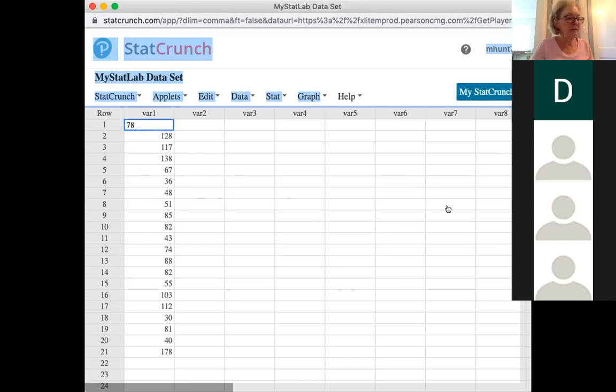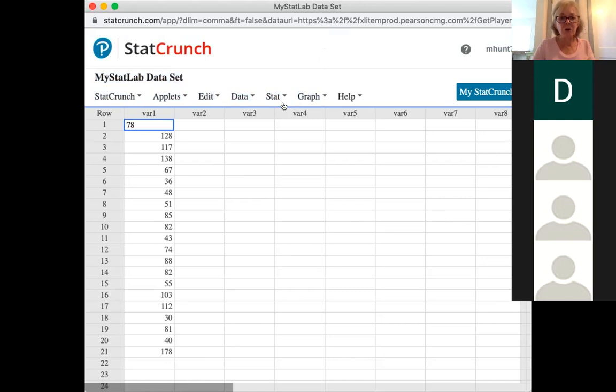Okay, so as far as the number of deaths by flooding, we've got 21 observations. I'm scanning this data. There's one that looks to be pretty big here, but I'm not going to do anything by hand. I'm going to do it all by getting StatCrunch to do it for me.